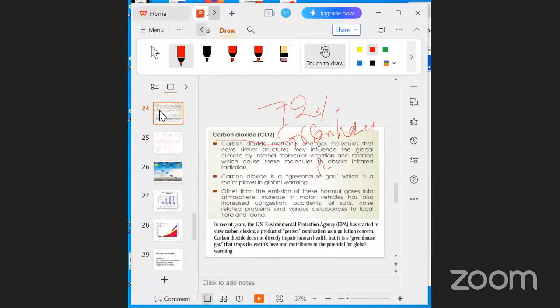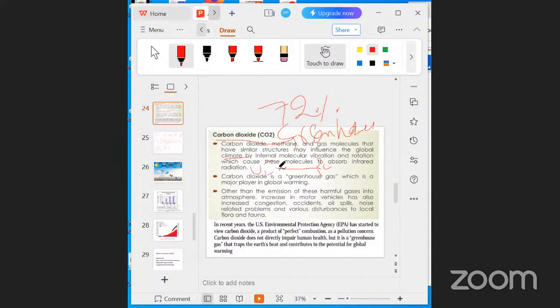Automobile engines need to be aware of the wider effects of pollution. Carbon dioxide, methane, and gas molecules that have similar structures may influence the global climate by internal molecular vibration and rotation, which cause these molecules to absorb infrared radiation, IR.